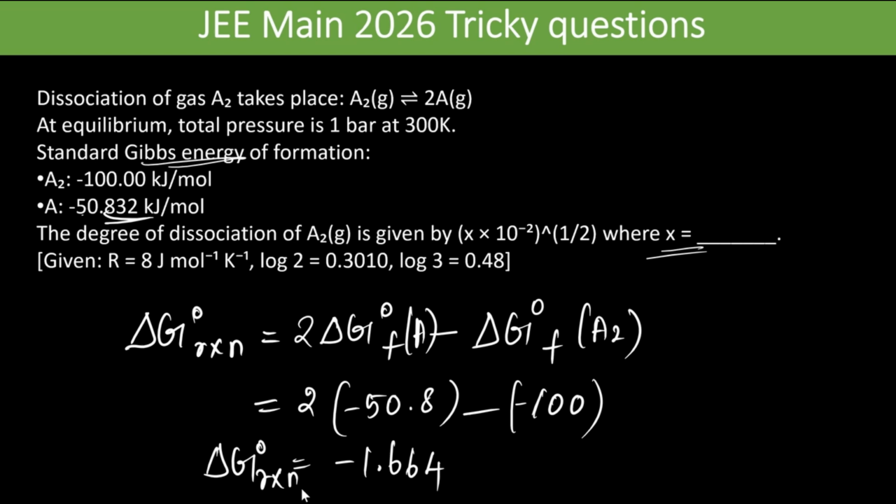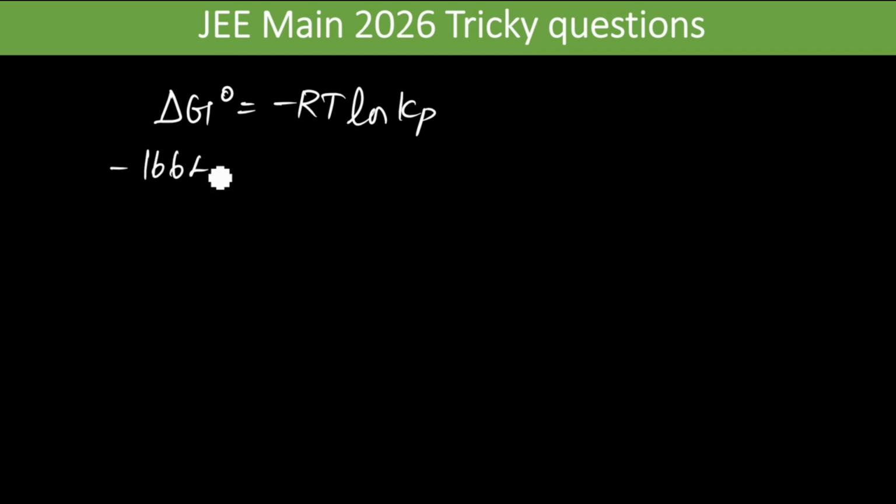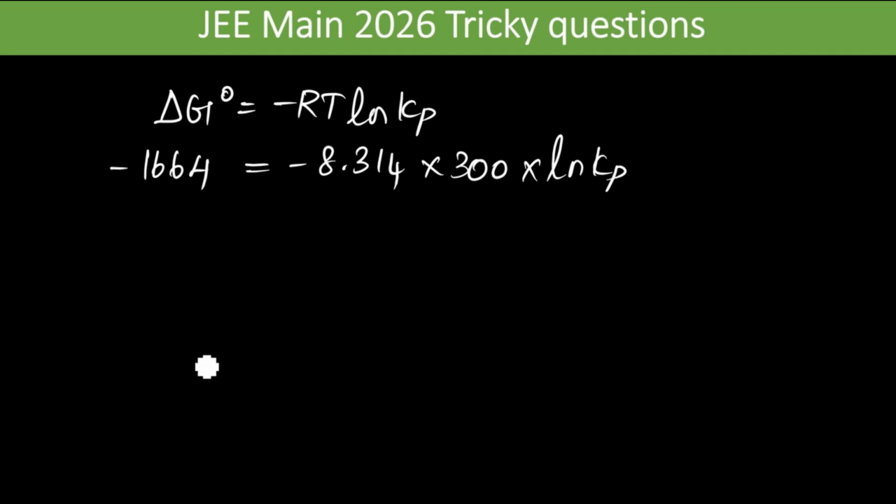Now, which is in kilojoules. For the degree of dissociation of A2, we know that delta G naught is equal to minus RT ln Kp. Converting that to joules, minus 1664 equals minus 8.314 into 300 into ln Kp.